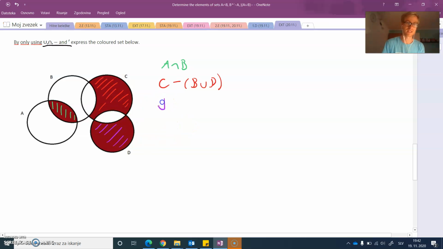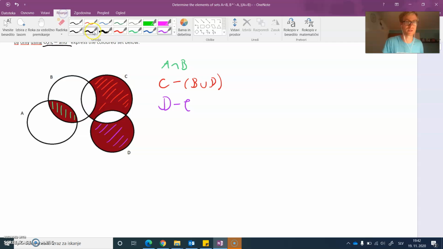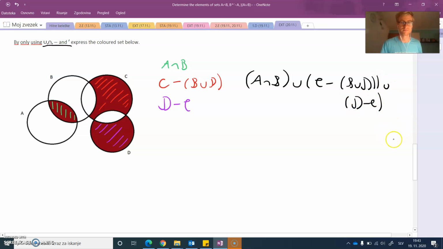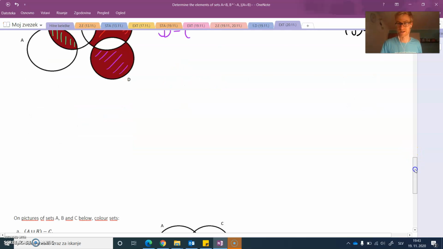So basically D without C. Okay, so we managed to express all the parts separately, and what now? Well, we have to put them together somehow, and we'll do it using unions. This union, this union D without C. Okay, and that was the third one already.